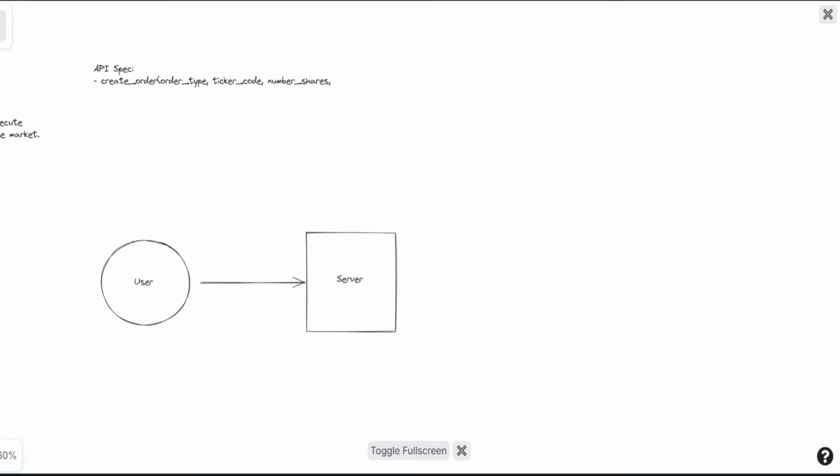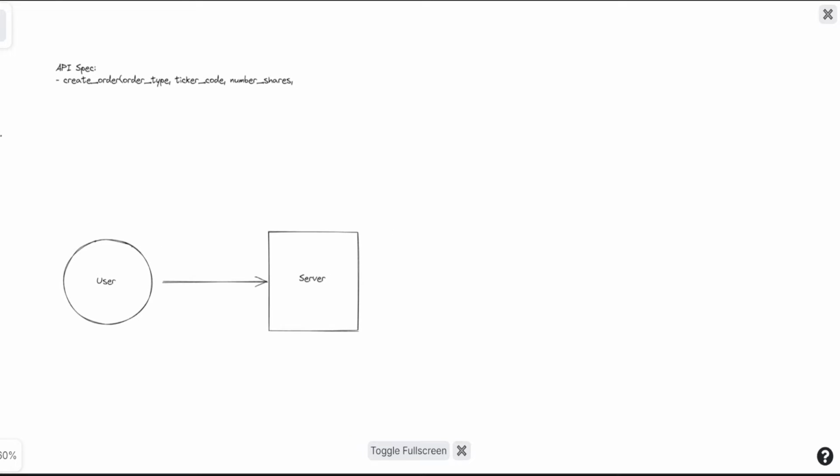And also, for a market order, you don't have to put the number for the price, but for a limit order, it's going to be a limit price. This will be optional.